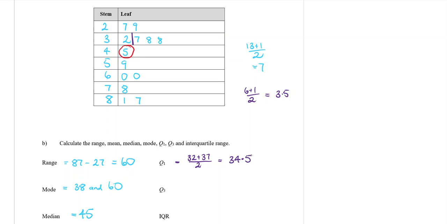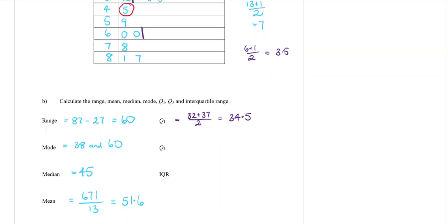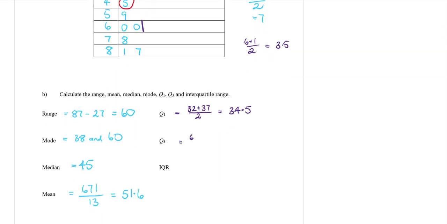Then we count from the bottom up, 3 and 4 places. So we go 1, 2, 3 would be that one, 4 would be that one. I'm going to put my line at the end there, and that means it's between 60 and 78. So I do 60 plus 78 and divide that by 2, which means the Q3 is 69.